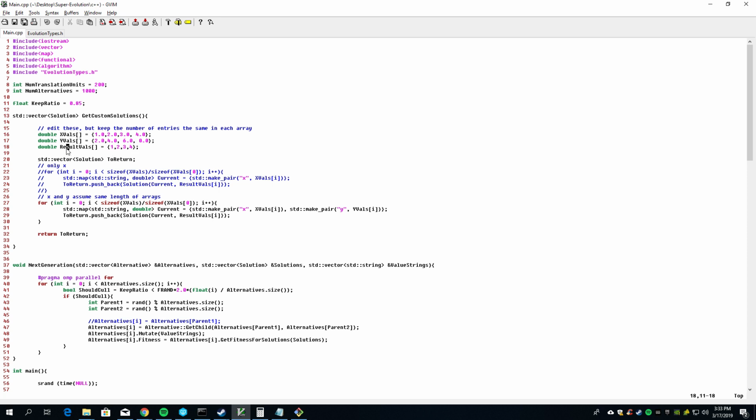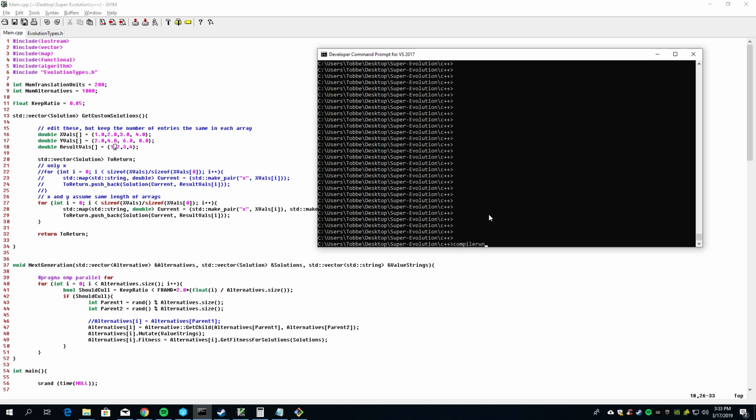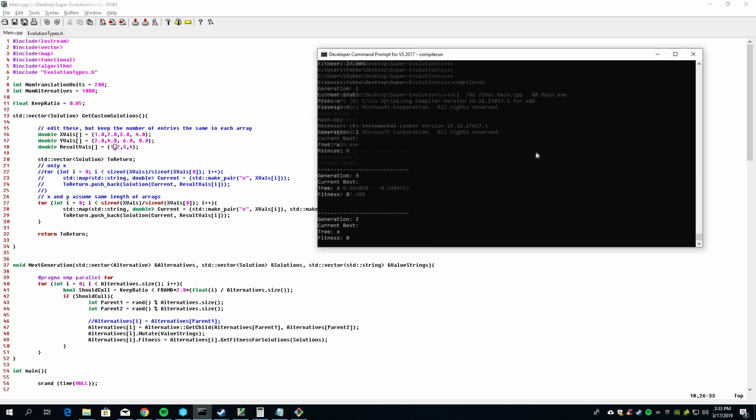Our program wants to find what generates this data, or what comes as close as possible to generating it. You might have noticed that this is a fairly simple equation, just result equals x. So we're expecting that our program will find that quite easily. Let's see what we get.